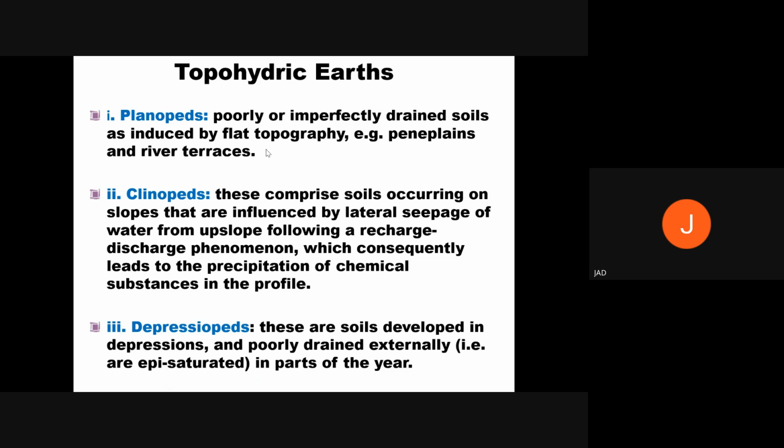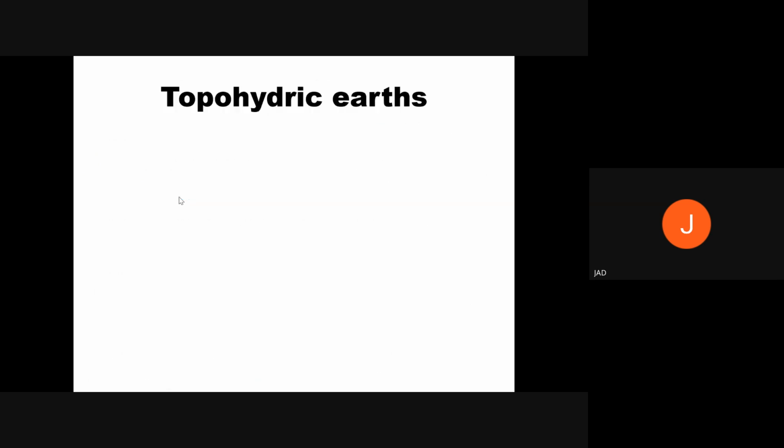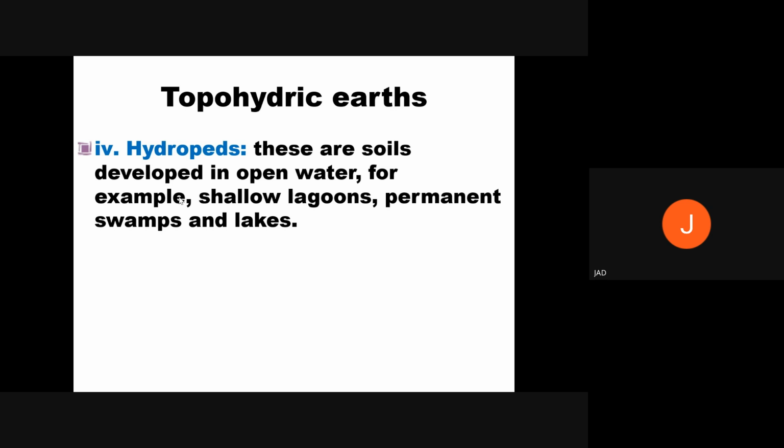Almost throughout the year in the depression, you tend to have some amount of water sitting around. If it's poorly drained, then it means that they may form under waterlogged conditions, or the water table is very high.